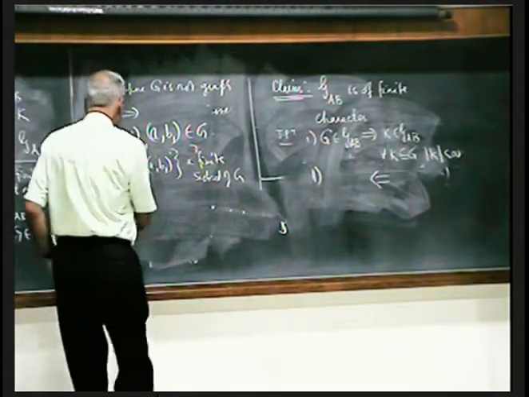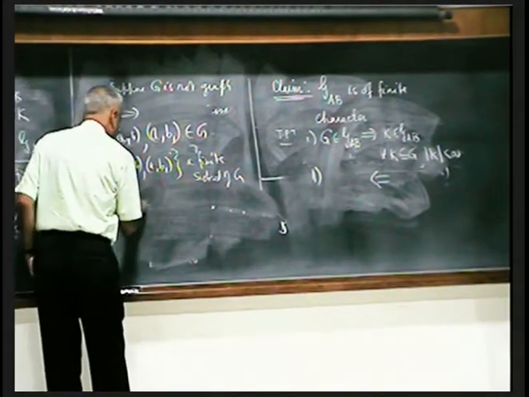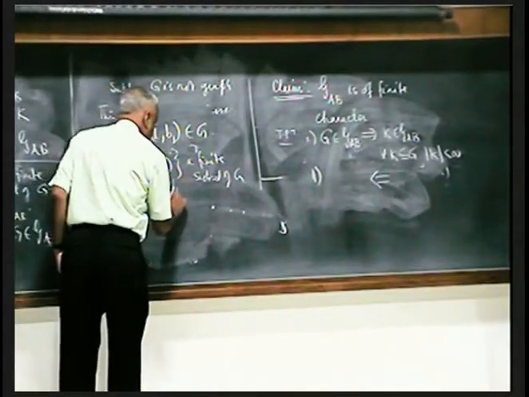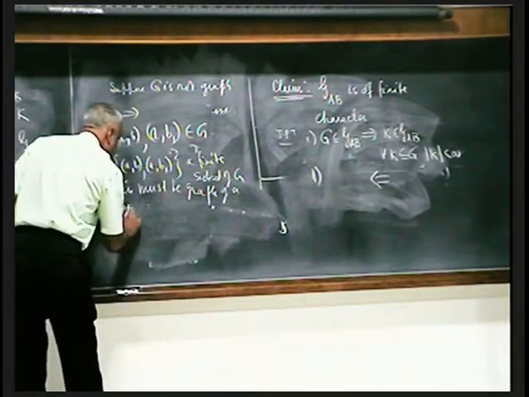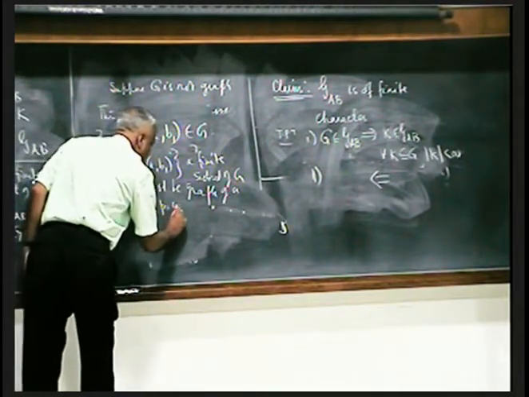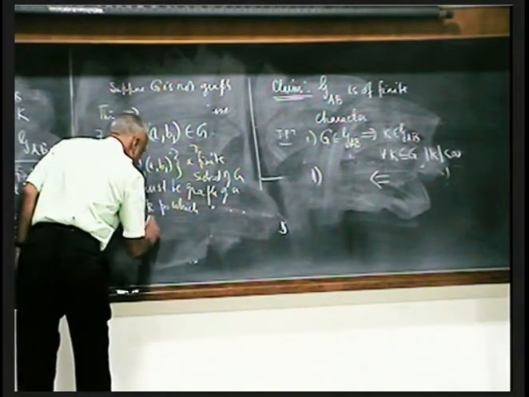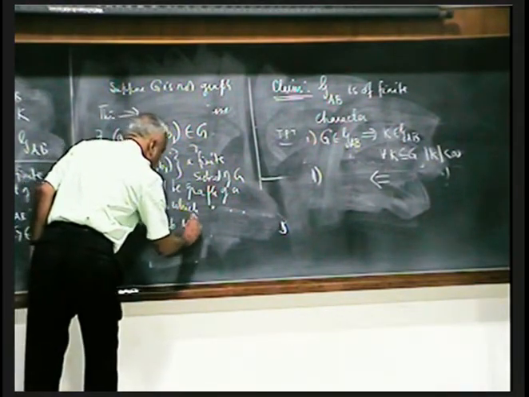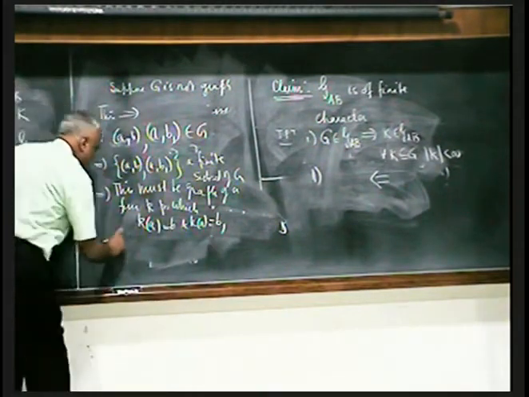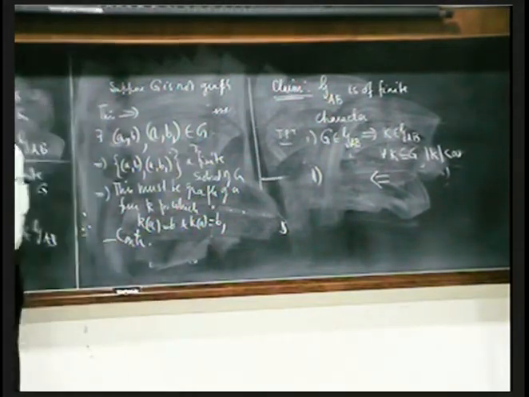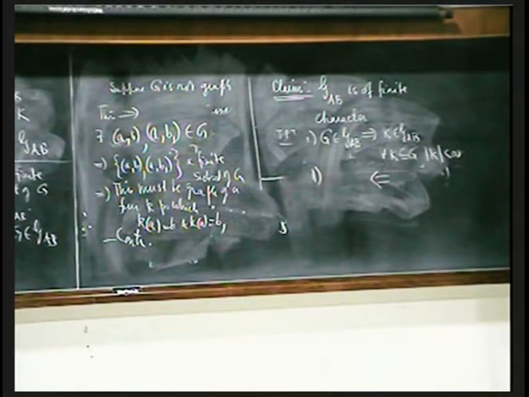It would imply this must be the graph of a function k for which k(a) equals b and k(a) equals b1. This is a contradiction, because for any function we cannot have two values at the same point. Therefore, our assumption that G is not a graph is false, and hence G is a graph.